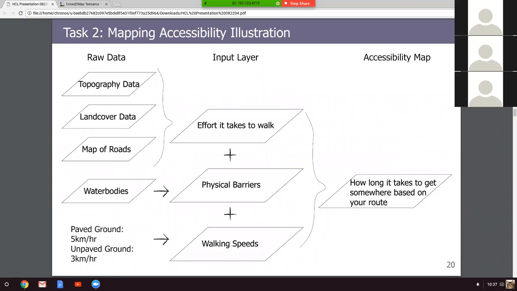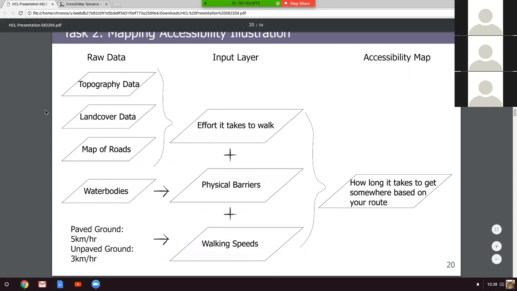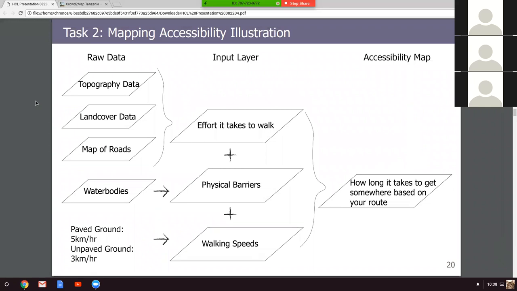I want to show you a more detailed illustration of how things combine into the accessibility map. Firstly, you have many layers of raw data. The first three, topography, land cover, and map of roads, combine into one of the input layers called the effort it takes to walk.